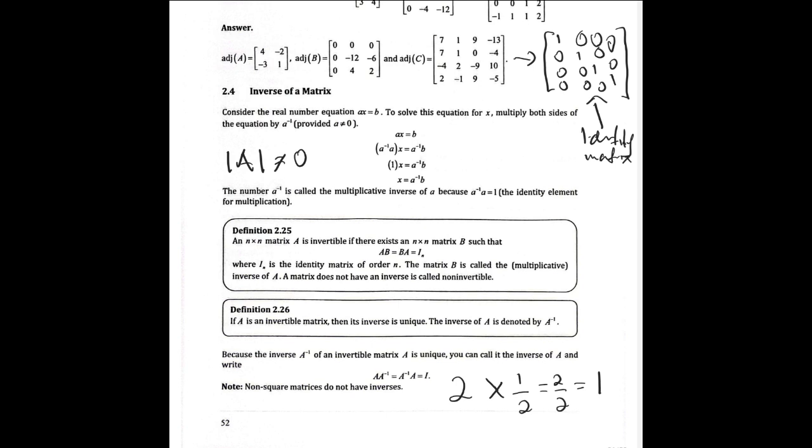So formally, we say a square matrix A is invertible if there exists another matrix, let's call it B, that when multiplied gives an identity matrix like this one.